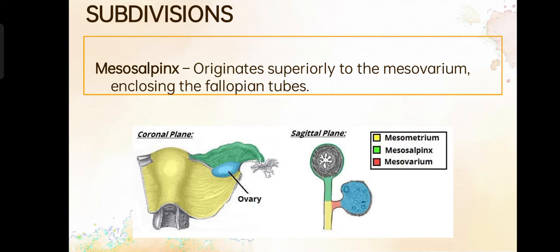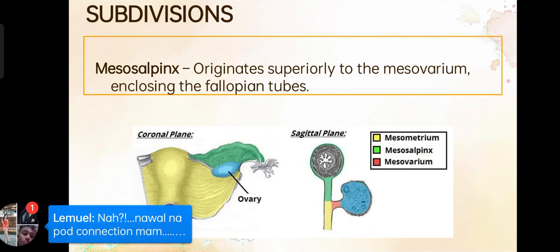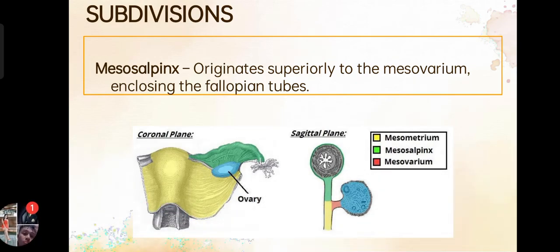Sunod ang mesovarium nga naka-fold gud siya nga naka-attach sa anterior portion sa kada ovary padulong sa posterior part sa ligament. But again, wala ma-cover ni mesovarium ang entire surface sa ovary, but to help ang position niya within the pelvis.